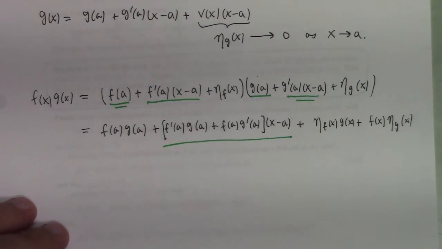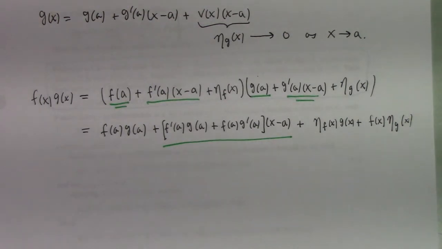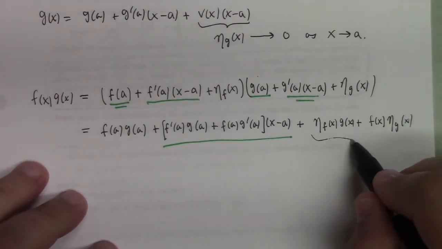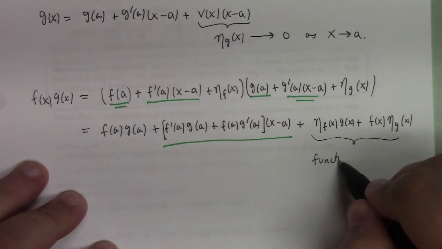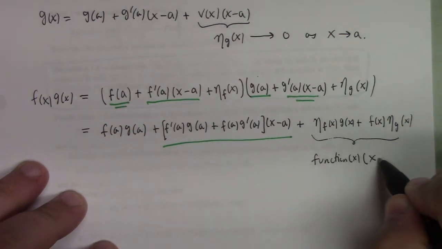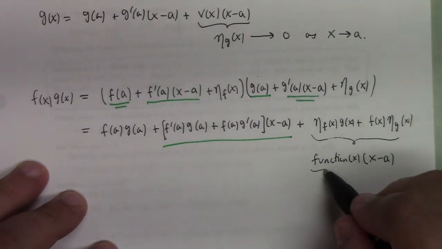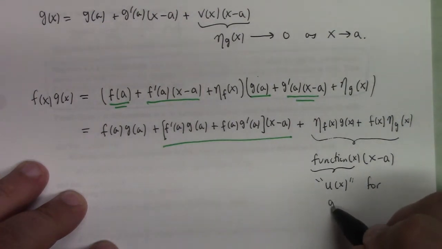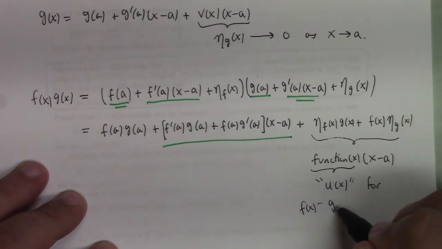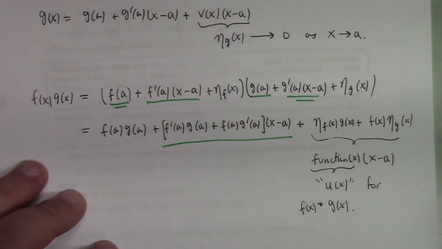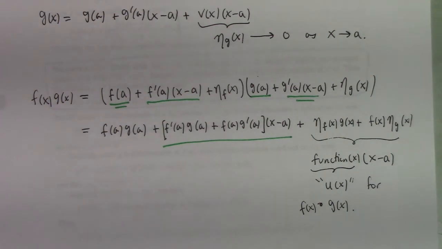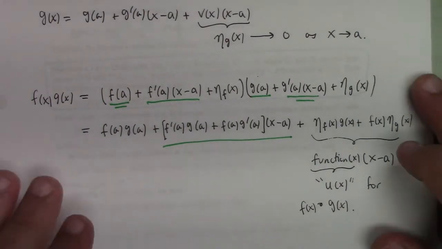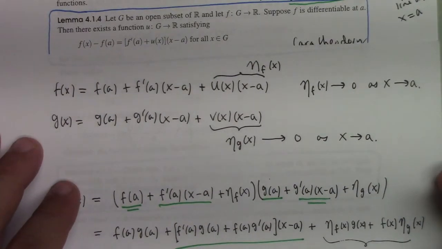But the thing is, you can then argue that, well, first of all, if you looked at this, you could see that this is really some function of x times x minus a, right? Tracking back. And you can identify this as the quote-unquote u of x for f of x times g of x. So what I'm actually proposing is that lemma, they've stated the lemma as, you know, if f is differentiable, then there exists this function.